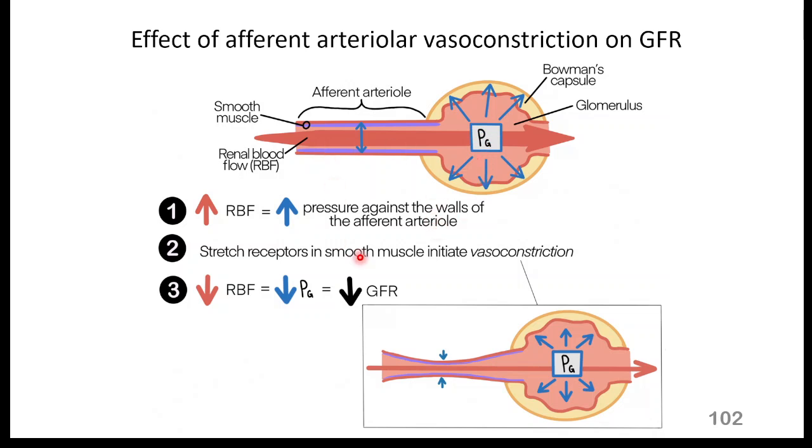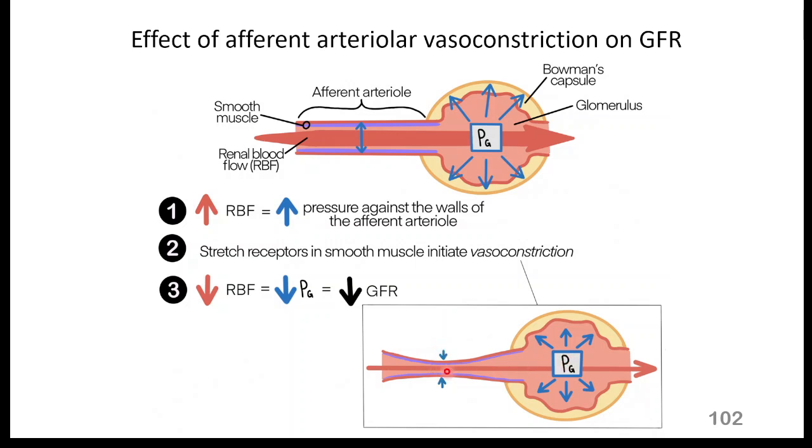So, for this particular cartoon, what happens when the afferent arteriole is vasoconstricted? All right, so this is the vasoconstriction of the afferent arteriole, the arteriole carrying blood into the glomerulus. So what will happen? It will lead to a decrease.